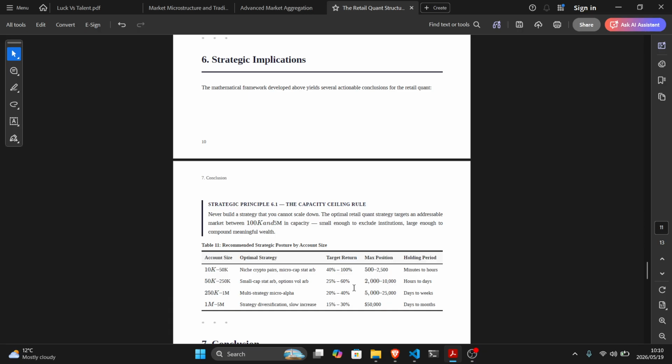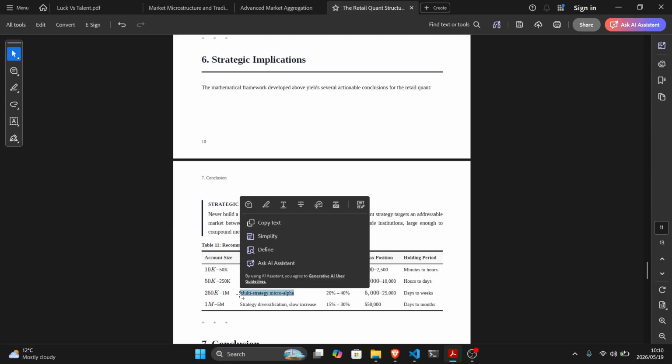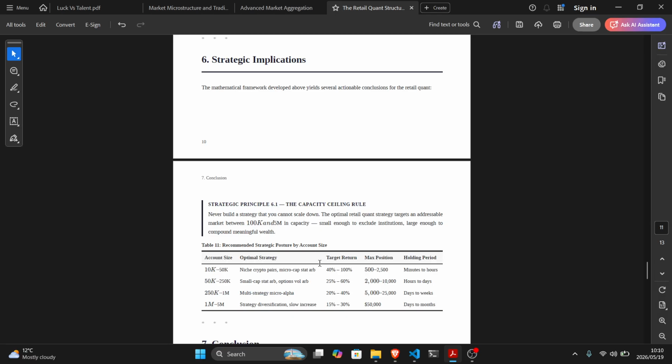Especially assets that don't have the most optimal average daily volume for institutions, or the spreads are just too wide for institutions to take, or the market is just not liquid enough, or there's all types of reasons why you would want to have a multi-strategy, micro alpha approach. But the target return for that is about 20% to 40%, a max position of 5,000 to 25,000, and a holding period of days to weeks.